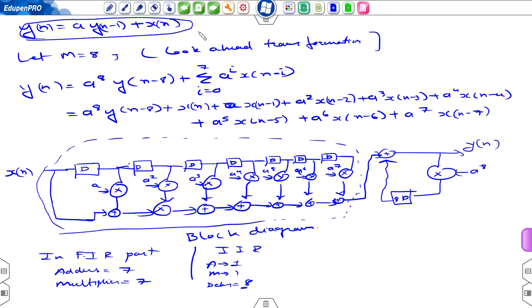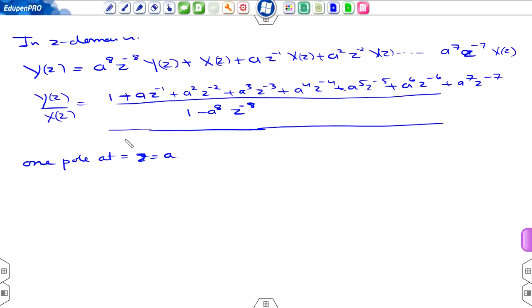Y(z) by H(z) is given by 1 upon 1 minus a z inverse, so it has a pole at z equal to a, and this will also have a pole at z equal to e. Okay, and the remaining 7 poles and zeros will be cancelling poles and zeros.